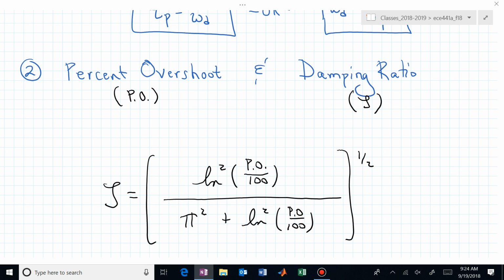But it is the natural log, and you can't forget taking the square root of that ratio at the very end, to find zeta. If we had a 50% overshoot, PO would be 50, because I'm dividing by the 100. So I'm now taking the natural log of 50 over 100, or the natural log of 1/2, and squaring it.